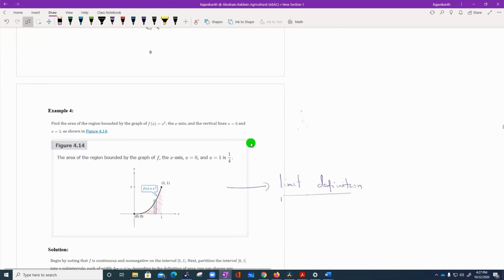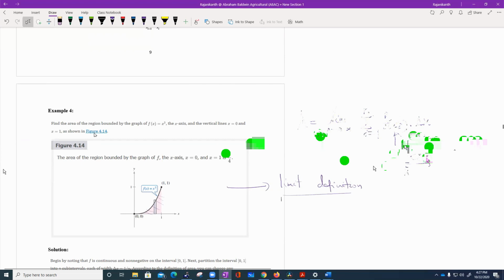Okay, so area is given by the limit as n goes to infinity of the summation, i running from 1 to n, of the given function evaluated at any point ci times delta x. Understand carefully what ci is. Ci is nothing but a point inside your subinterval.